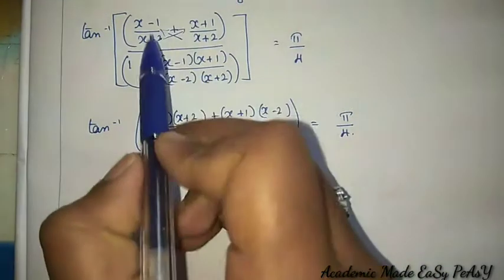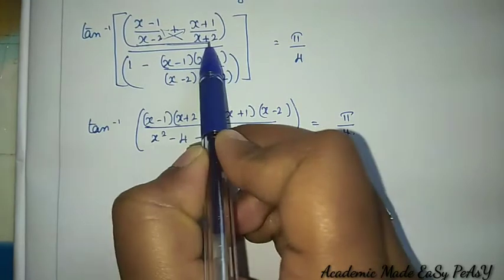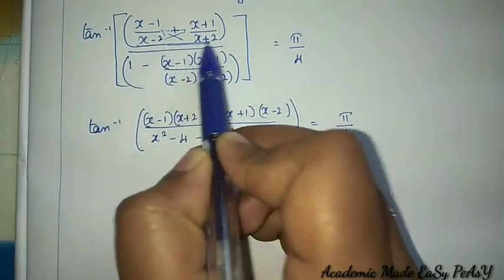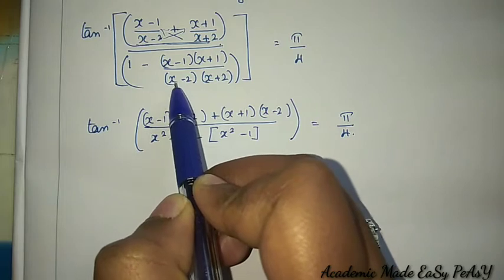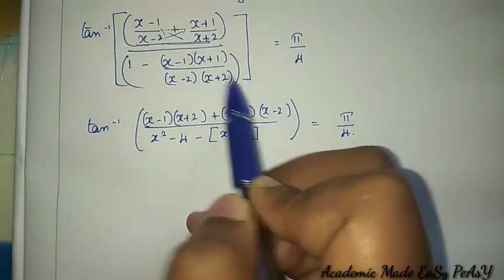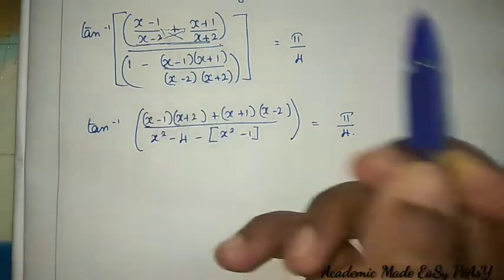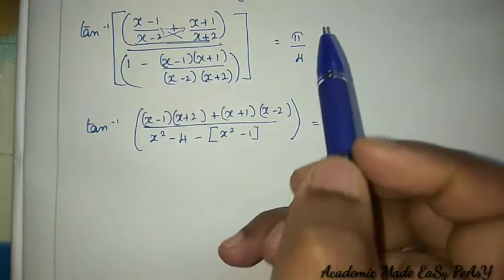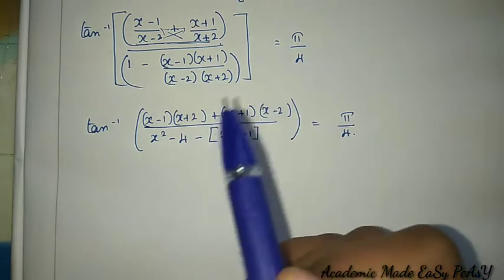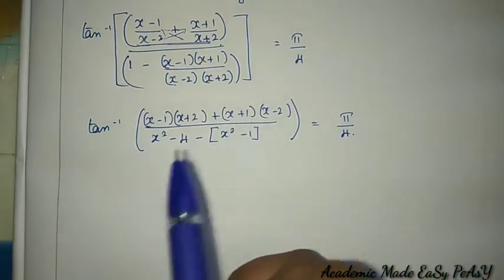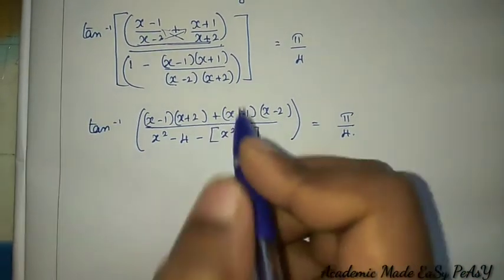See here, the denominator has (x minus 2) into (x plus 2), and here also I will have (x minus 2) into (x plus 2), so it gets cancelled; that is why I have skipped that step. If it is confusing, just do it again and again so that it will get cleared.